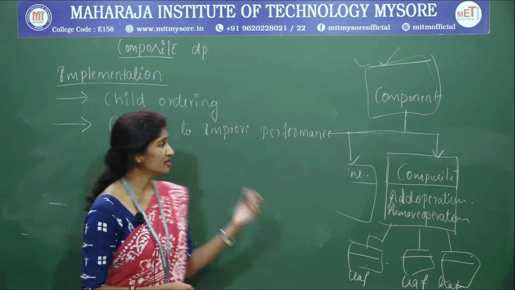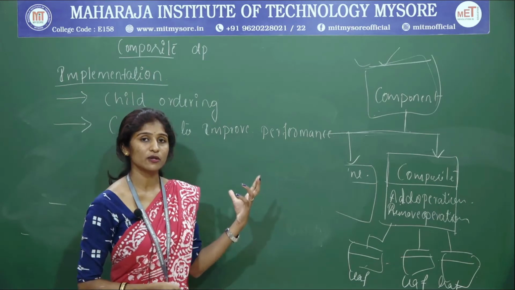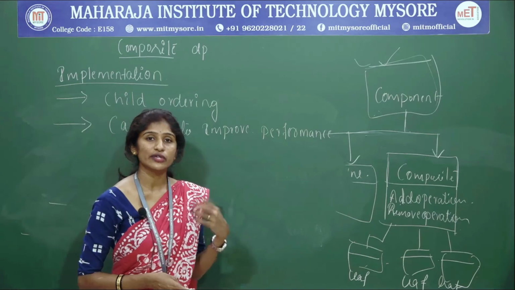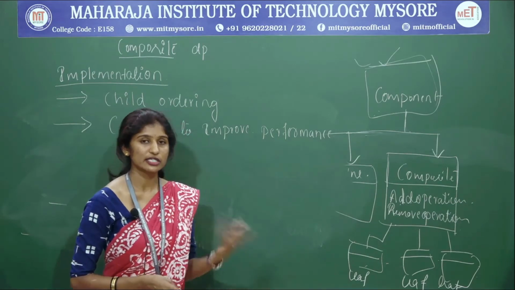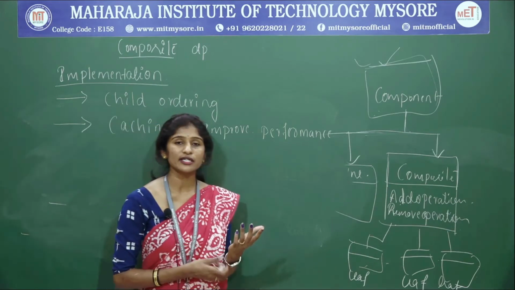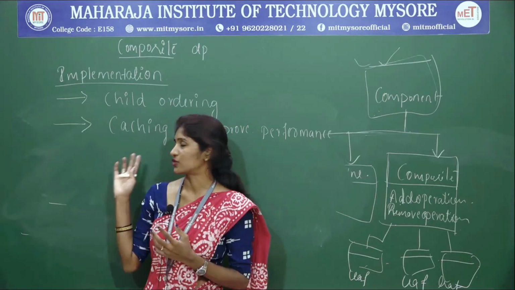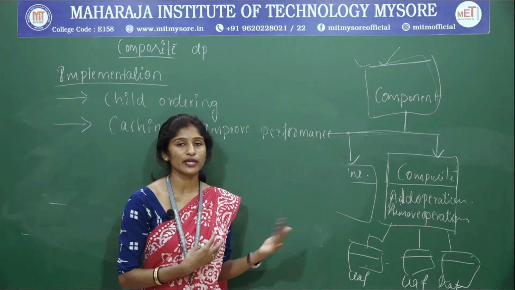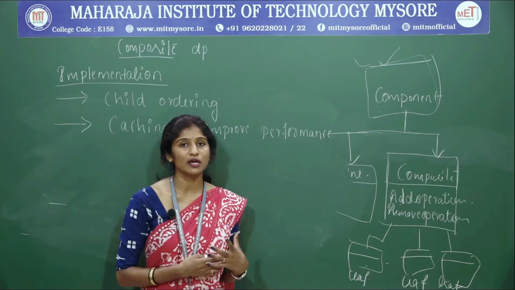Here this caching is used. Why? Because if you want to traverse and search child nodes, it is efficient if you use this caching. It will give fast accessing. That I told you, cache memory is going to help us.